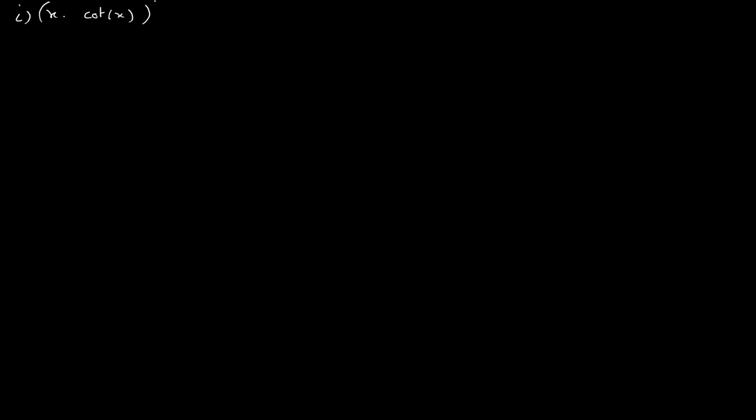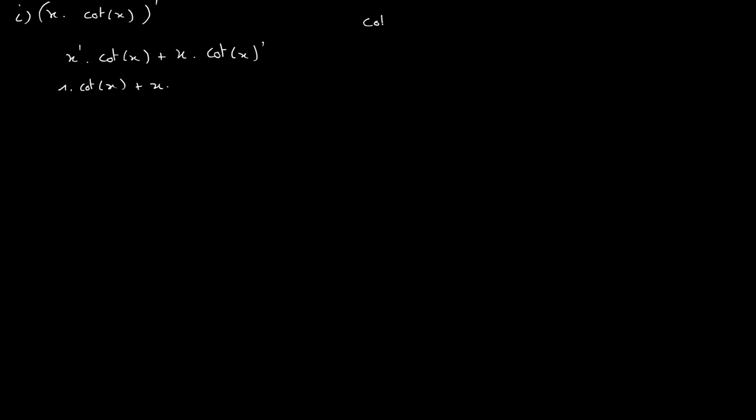We first take the derivative of x times the cotangent of x plus x times the derivative of cotangent x. In that case we can already rewrite it a little bit: 1 times the cotangent of x plus x times something that we don't know. So let's find the derivative of cotangent x.